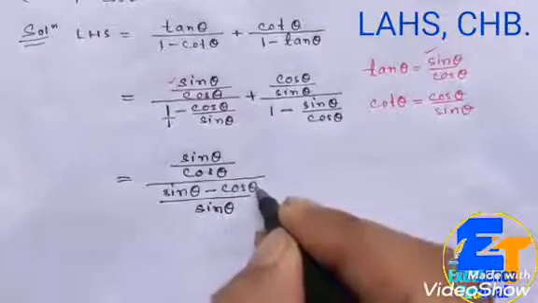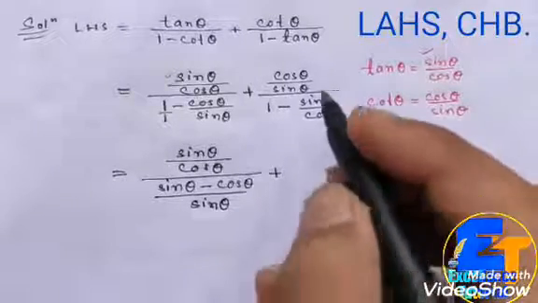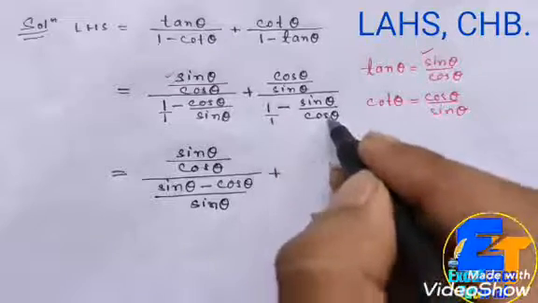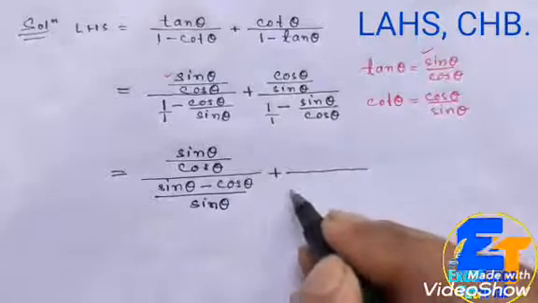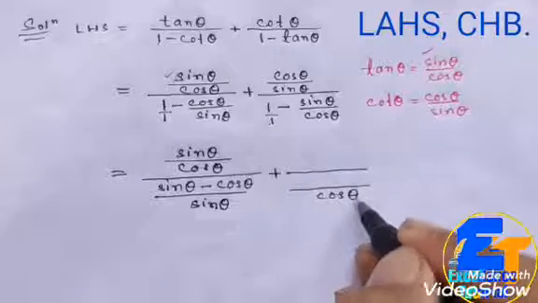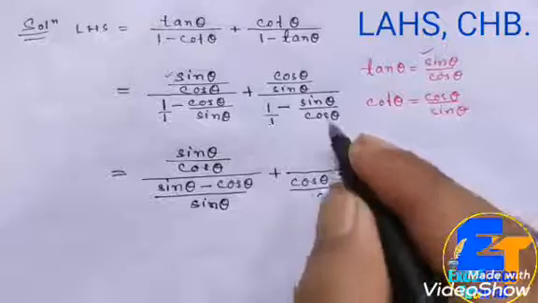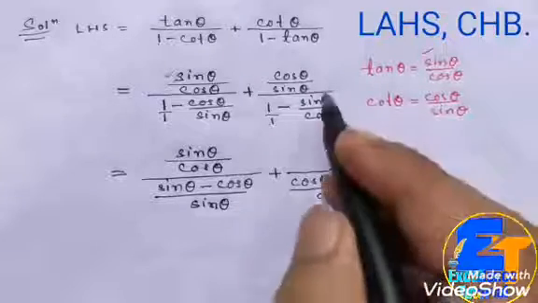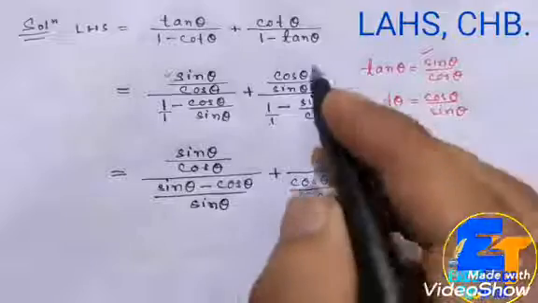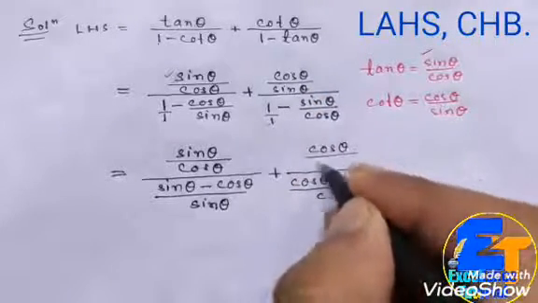Cos theta is left. Plus, in the same way here also we take the LCM of 1 and cos theta, it will be cos theta into 1, cos theta, minus cos will get cancelled, so what is left? Sin theta, and at the numerator place cos theta upon sin theta.